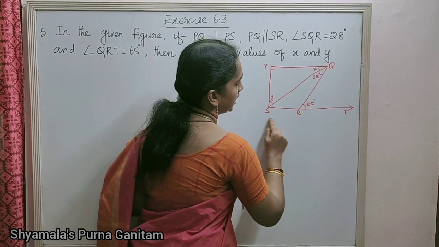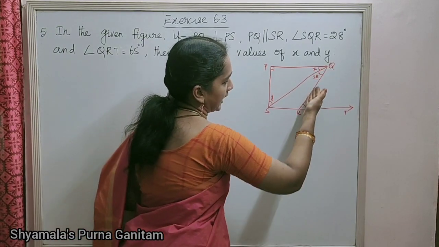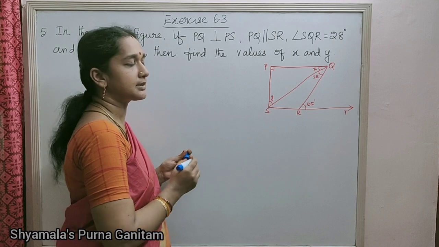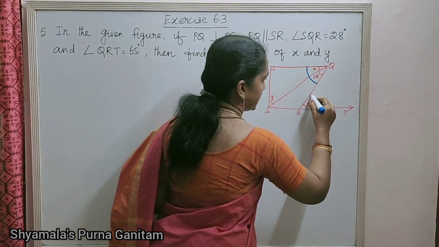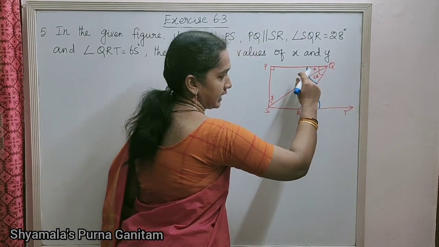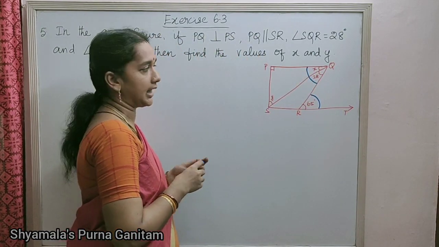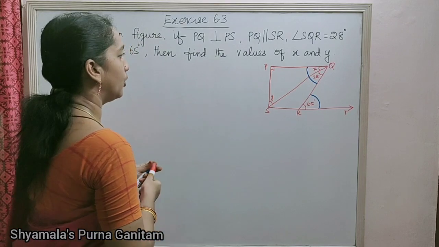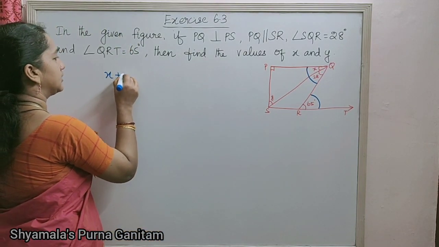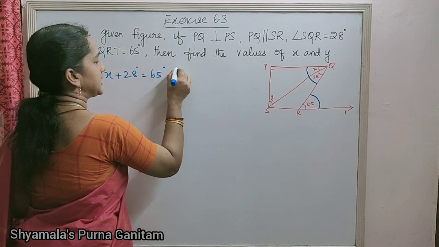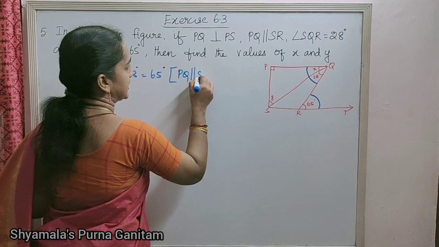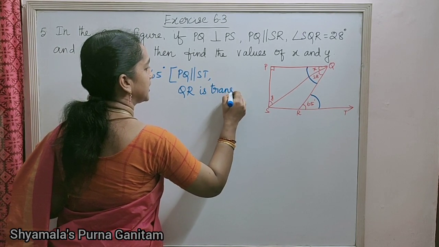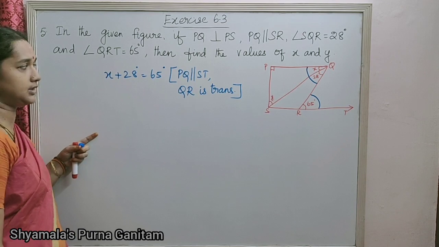Okay, in the question it is given PQ and ST are parallel to each other. If you take QR as the transversal, this whole angle and this 65 degrees form alternate interior angles, that is, this angle and this angle make a Z. So X plus 28 should be equal to 65 degrees. The reason is PQ is parallel to ST and QR is a transversal.